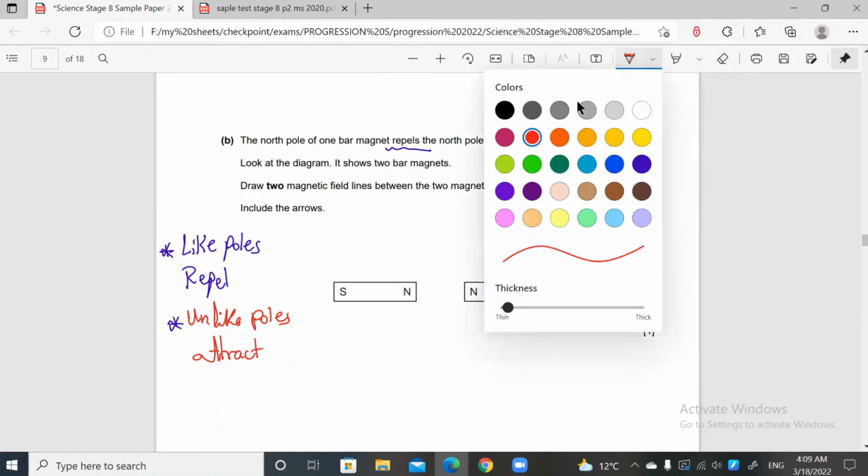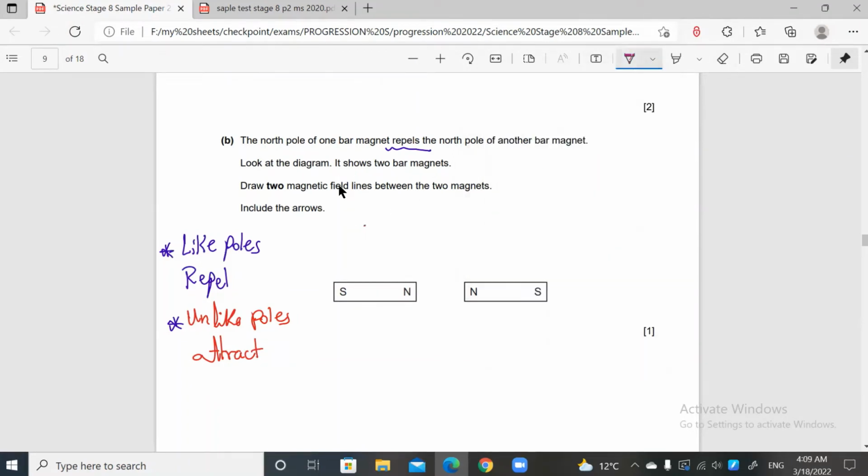How can we draw the magnetic field lines if there are two similar poles near each other? Look at the diagram. It shows two bar magnets. Draw two magnetic field lines between the two magnets. You must know that when two like poles get near each other, they repel, so the magnetic field lines don't connect to each other. It's a simple question.